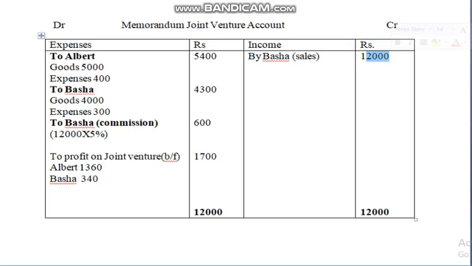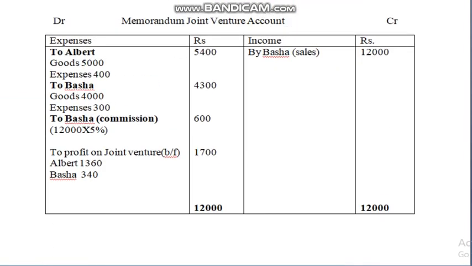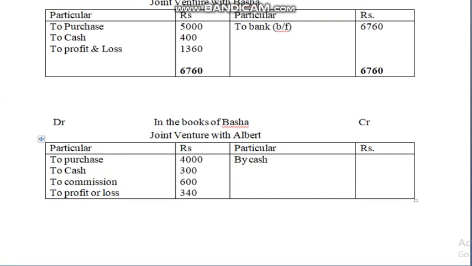If sales are made by the co-venturer, that should be credited with cash or bank. So by cash account, sales 12,000.